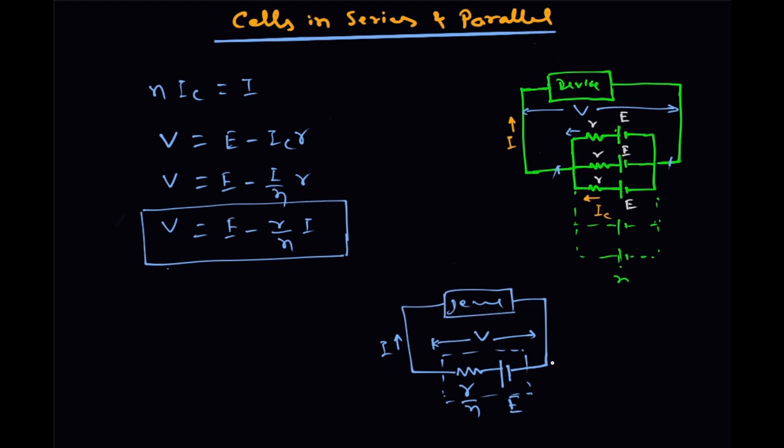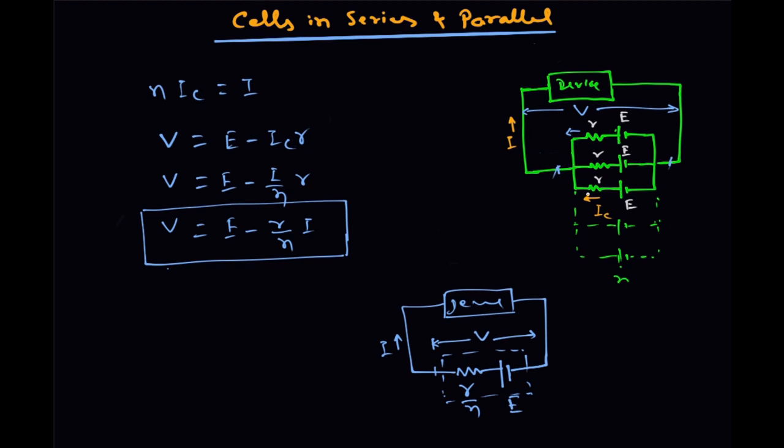This arrangement of cells in parallel is equivalent to this battery, where the EMF remains the same but the internal resistance is reduced to R by N. R is the internal resistance of each of these cells, and there are N such cells in parallel.